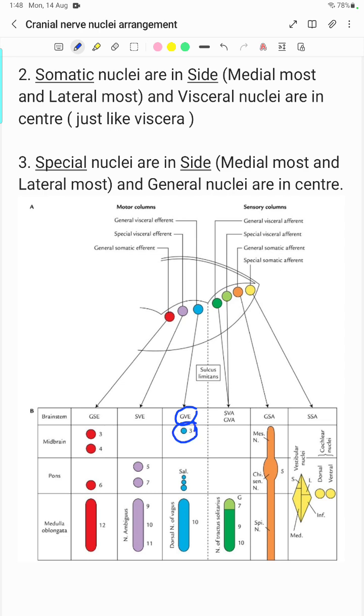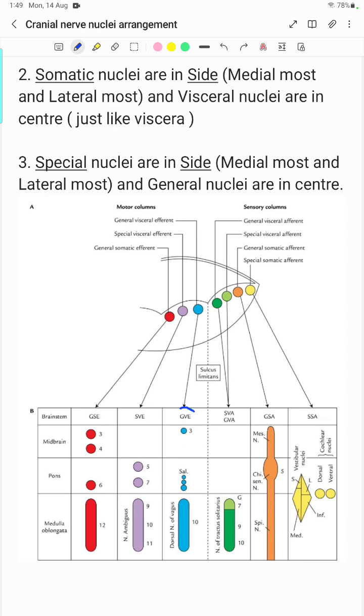It is the Edinger-Westphal nucleus of the third cranial nerve, which provides the fibers to the pupillary muscles. Then there is the salivatory nucleus, superior and inferior. Then there is the dorsal nucleus of vagus. So this column supplies various glands in our body and muscles and the pupil.